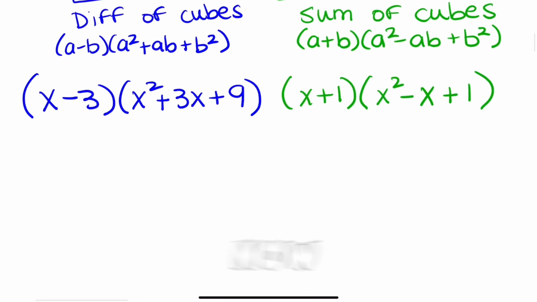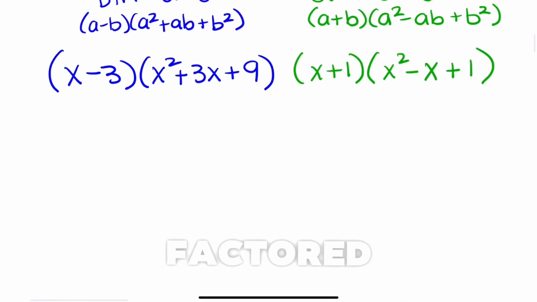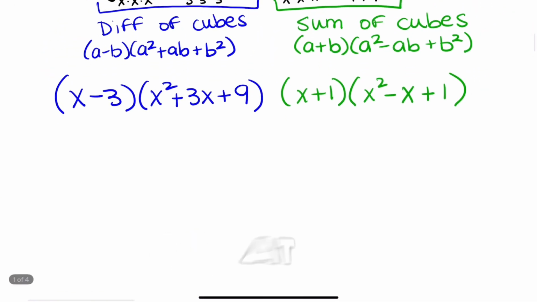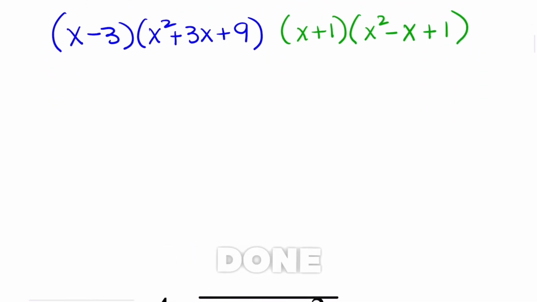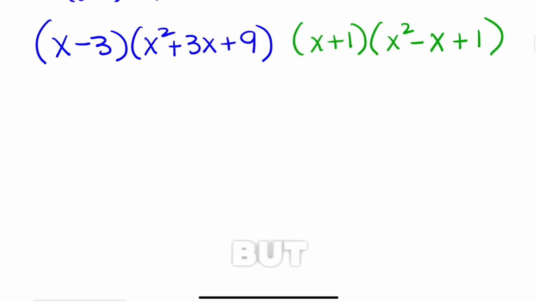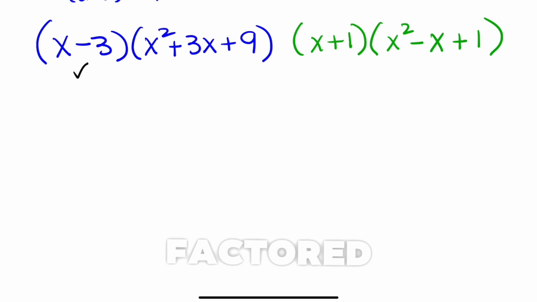Now we factored that out and we're probably looking at it like, I think we're done. But let's double check that this is fully factored. X squared plus 3x plus 9. Are there any factors of 9 that could add up to 3?